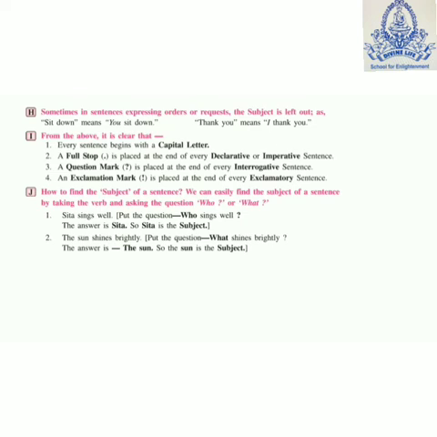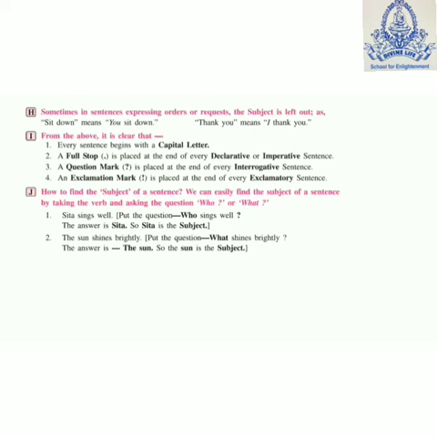Now, how to find the subject of a sentence? How is it easy to find a subject in a sentence? By taking the verb and asking the question who or what. Ask yourself who or what and find out which is the subject. For example, the first one, Sita sings well. Now ask yourself, who sings well?